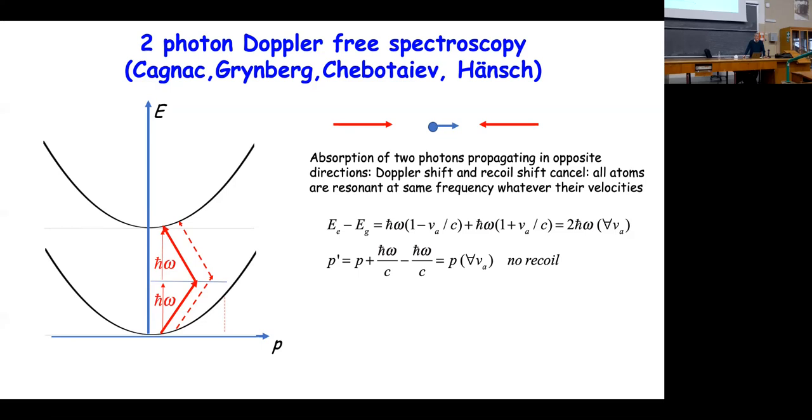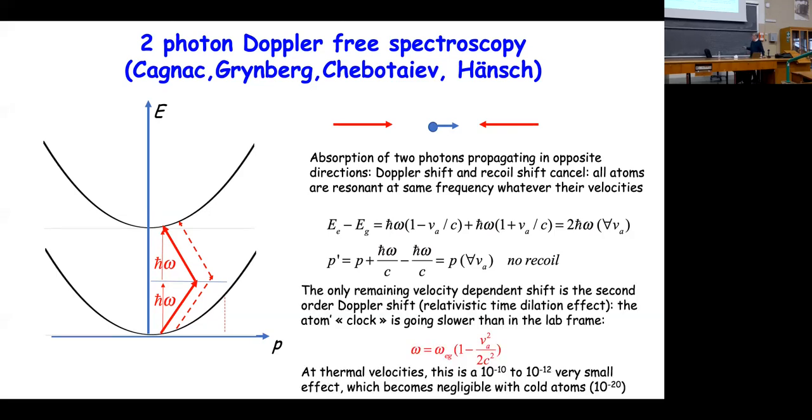In the saturation spectroscopy experiment, I remind you that we were just seeing atoms whose velocity was perpendicular to the laser beams, the 0 velocity class. So saturation spectroscopy is selecting one sheet of atoms. And so in terms of signal to noise, it's not as good as the 2-photon spectroscopy, for which all the atoms contribute to the signal, whatever the velocity is.